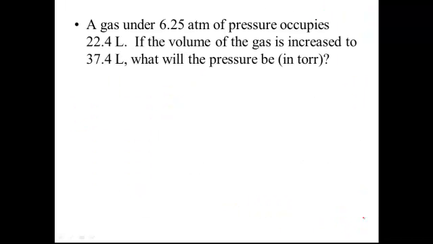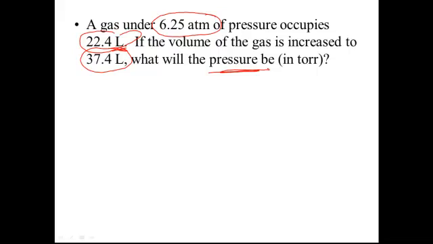All right, let's look at another one here. It says a gas under 6.25 atmospheres of pressure occupies 22.4 liters. Now again, hopefully, pressure, volume, because you see those liters. The volume is going to increase to 37.4. What's the new pressure?